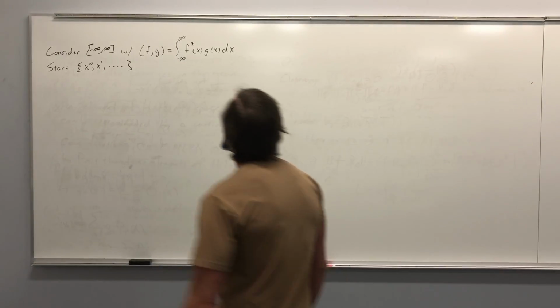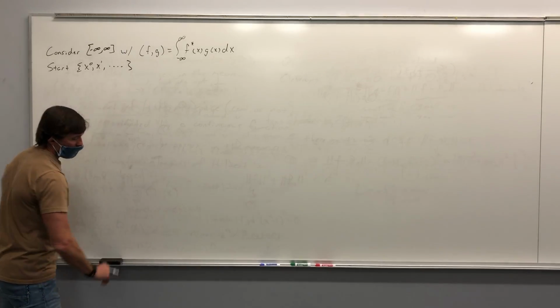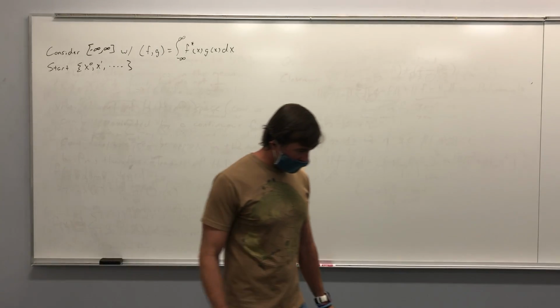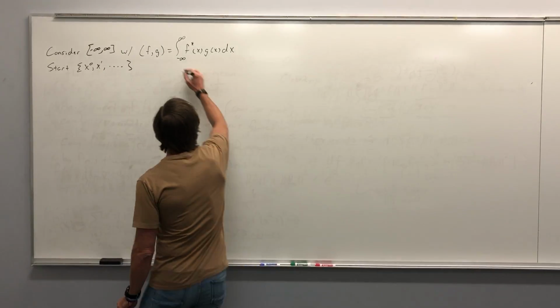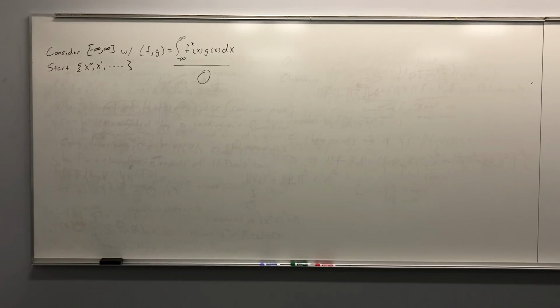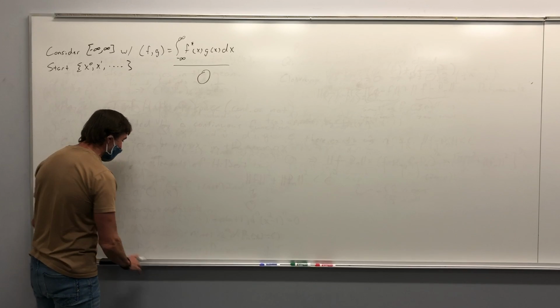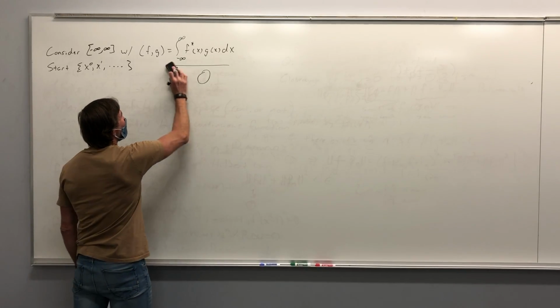Now, this is clearly diverging. How can we fix it? Divide by 0. Divide it by 0. That's it. Let's go. Go home. No, I'm just kidding. We won't divide it by 0, because this is infinity times infinity, which is infinity squared.